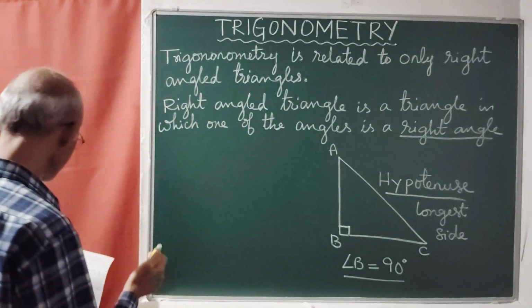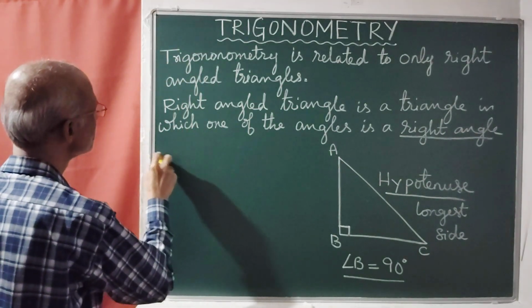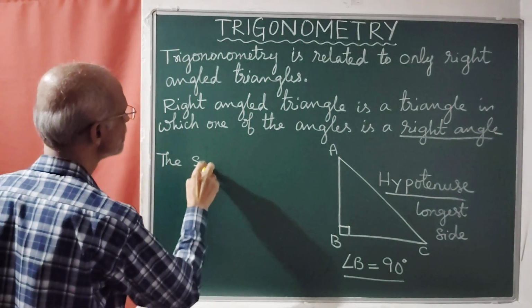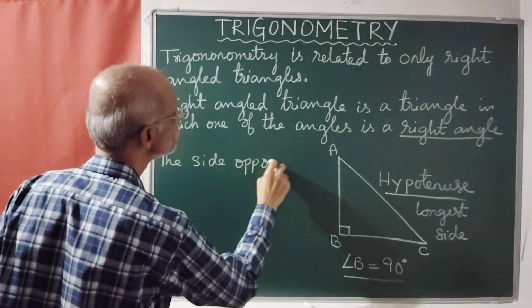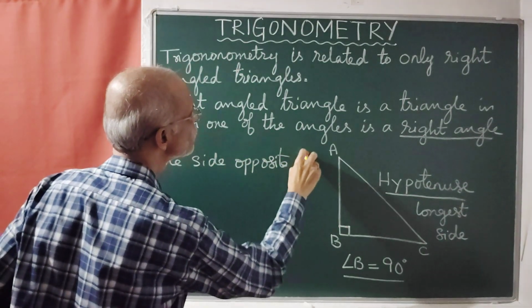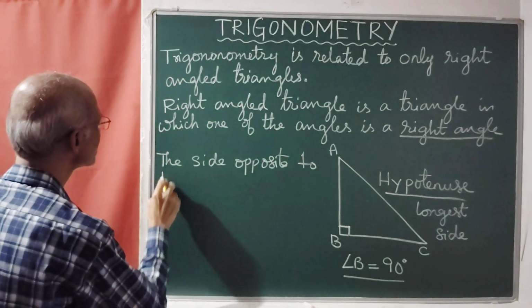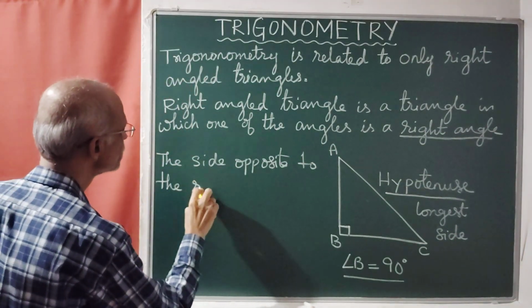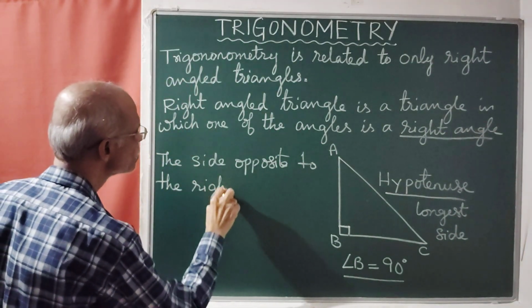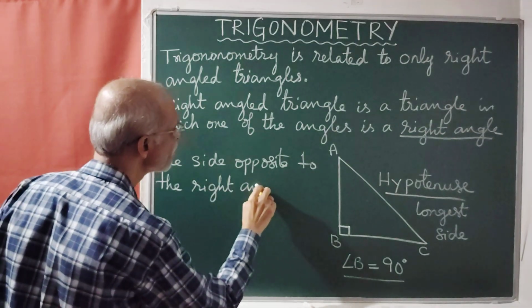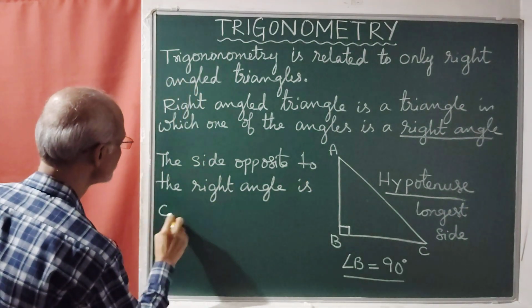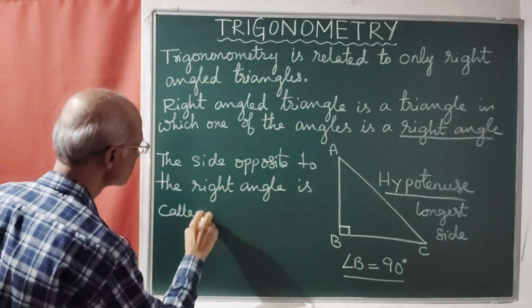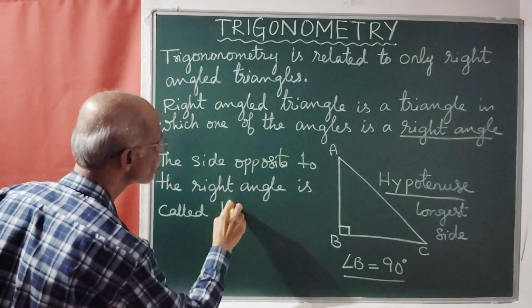So what we have learned now: the side opposite to the right angle is called hypotenuse.